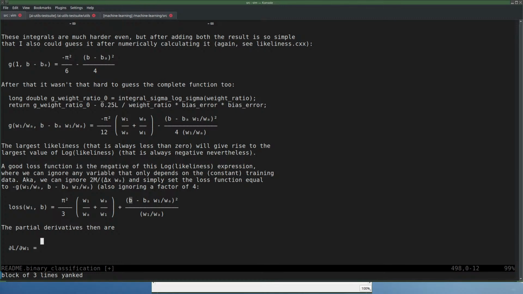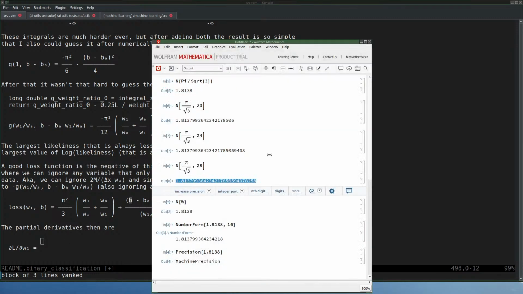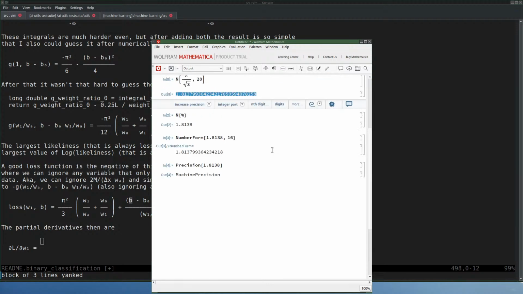Do I have to calculate it? I could calculate it, but maybe Mathematica can do this. It sucked majorly on the other stuff. I'm going to ask it.